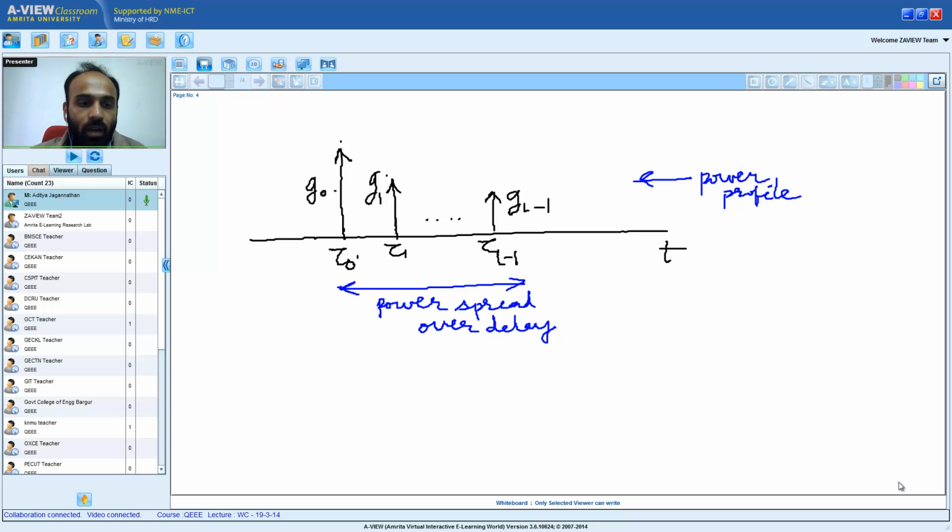In the multipath communication channel I have multiple components with different powers. These different components are arriving over different delays, and this period over which these components are arriving is termed as the delay spread.